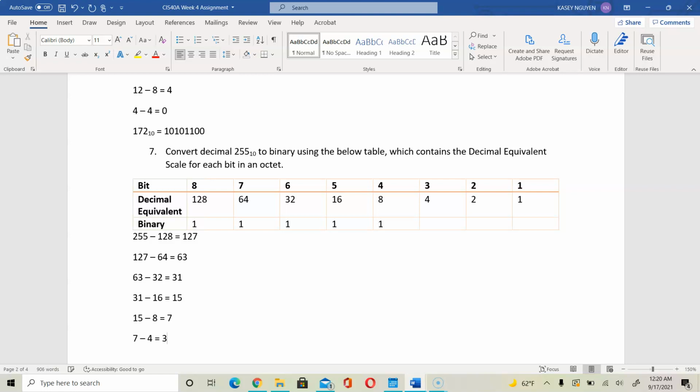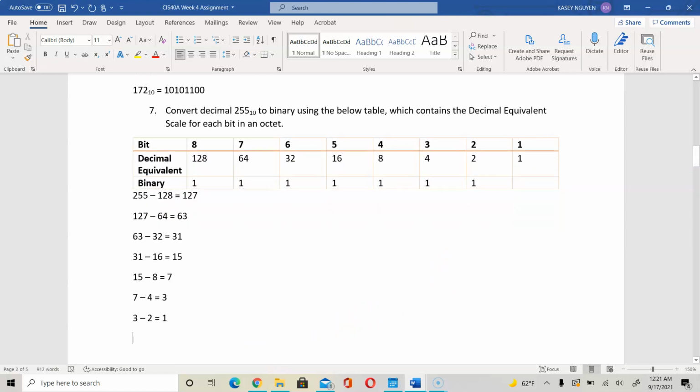You would have a 3 left. Put a 1 there. And then the next number we're going to subtract is 2. So 3 minus 2 is 1. You will put a 1 there. And then lastly, we are going to take a 1 minus a 1 is going to be a 0.